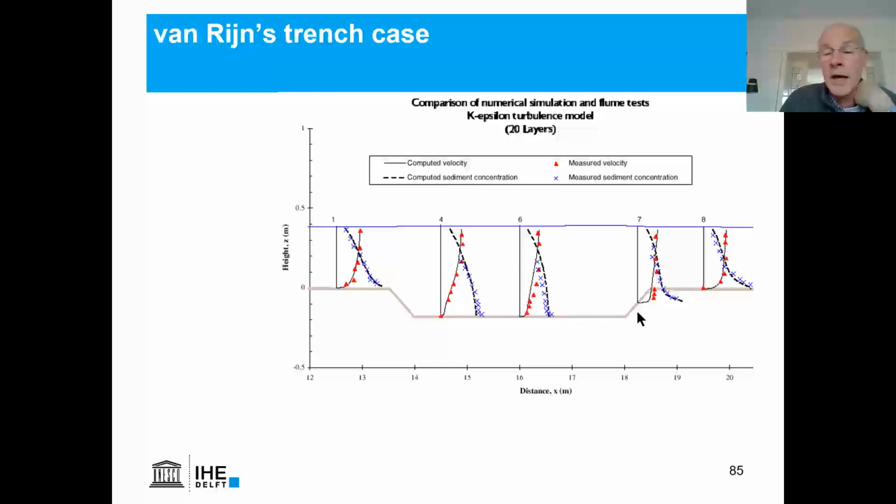And once it gets out of the trench, the flow profile is relatively contracted. So here the flow near the bottom is relatively strong.